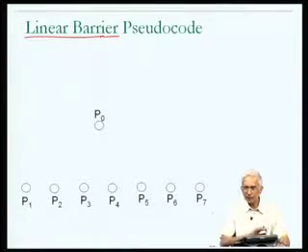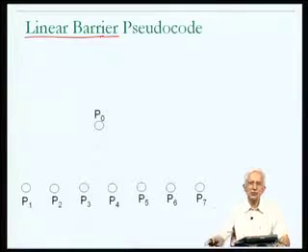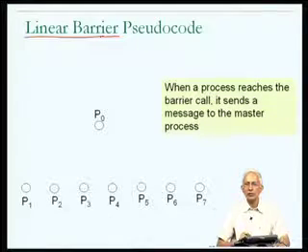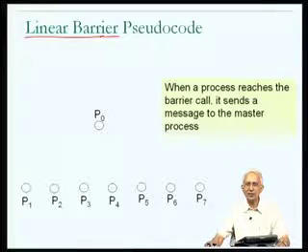We'll start off by looking at the functioning of the barrier implementation pictorially. The way that the linear barrier is going to work is that when each of the processes reaches the call to the barrier function within its program, it sends a message to the master process.